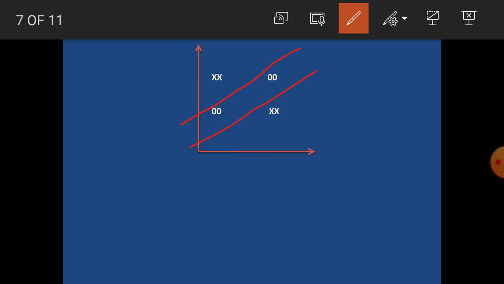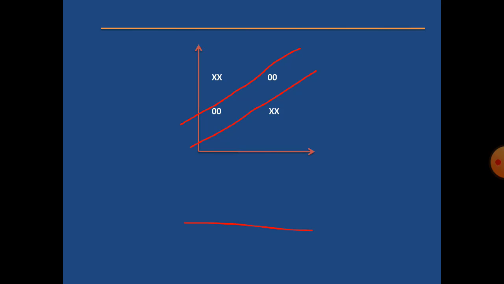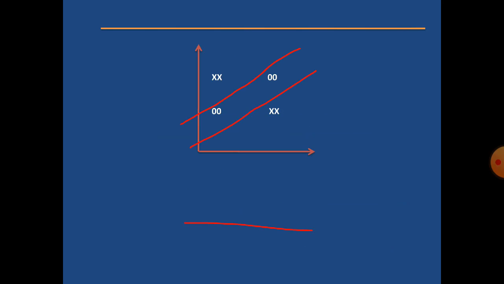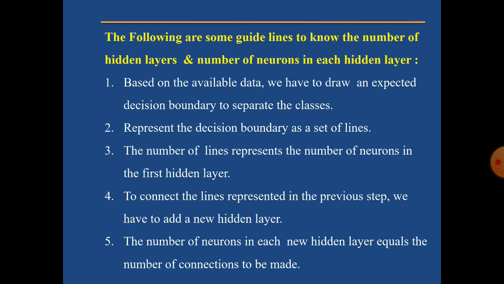Next, represent the decision boundary as a set of lines. We have represented it as a set of lines. Next, the number of lines represents the number of neurons in the first hidden layer.